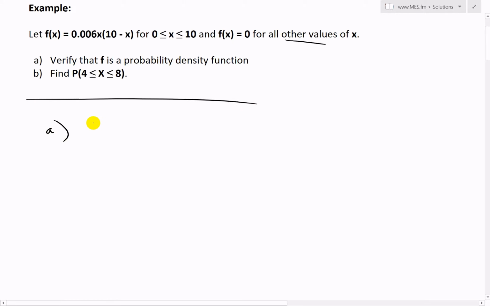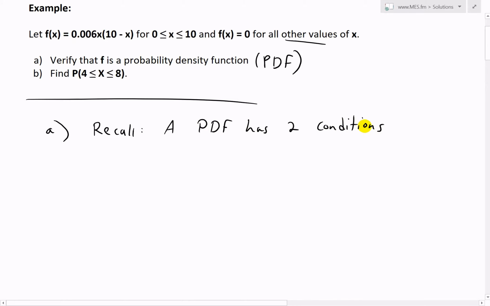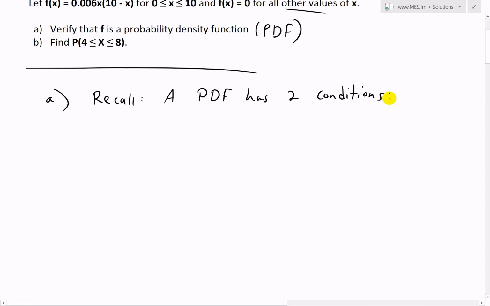Recall that a probability density function, which I'll call a PDF because it's easier to write, has two conditions that I went over in my last video, and they need to be met. The first one is that you need f of x greater than or equal to 0.